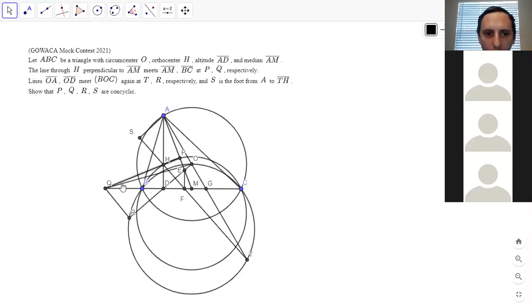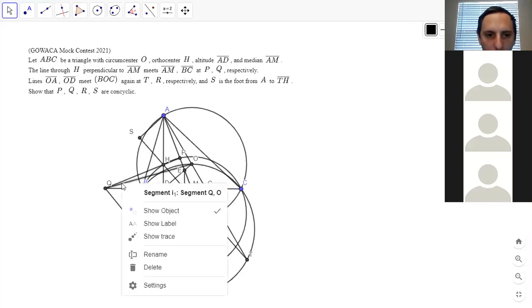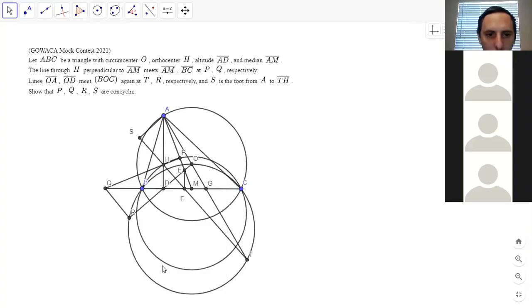EG bisects AD is true because OM is parallel to AD. Yeah. That proves it. Oh, because OM is half of AH, right? That's what we're using, right? No, it's from Ceva. From Ceva. Because OM is parallel.